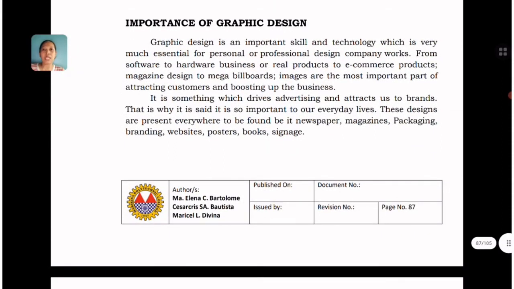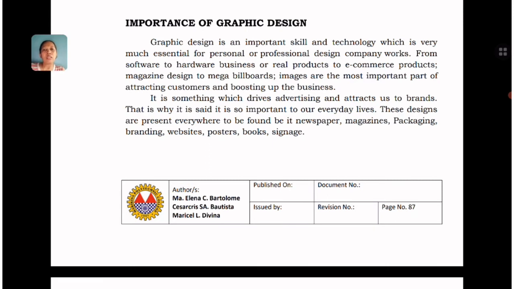So bakit ba mahalaga yung design? Okay, it is an important skill and technology which is very essential for personal or professional design company works. Siyempre, di ba, ang aim natin kaya tayo gumagawa ng magandang graphic design to attract potential customers or potential audience.